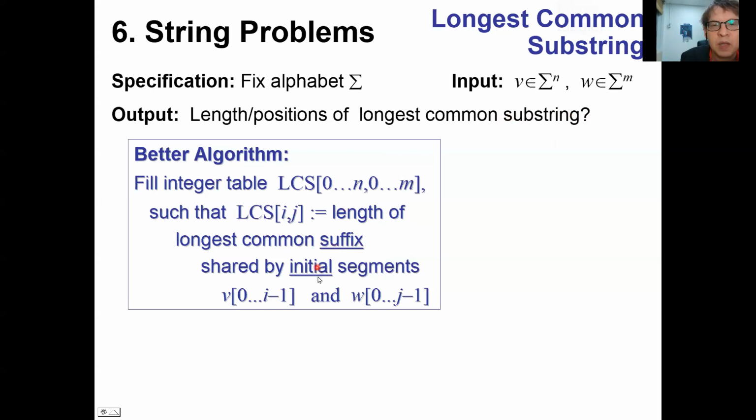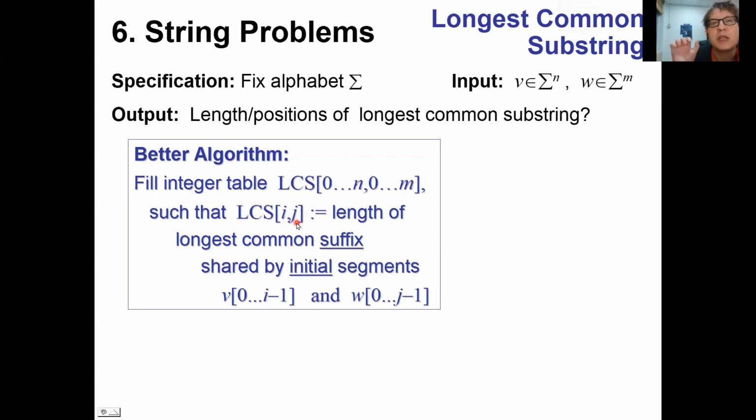And of course, once we have filled that table, searching the table will give us the answer to the longest common substring, because the longest common substring that starts anywhere and ends anywhere is equal to the longest common suffix that starts somewhere and ends at some position I, j, which is therefore in the table. Let me say that again.